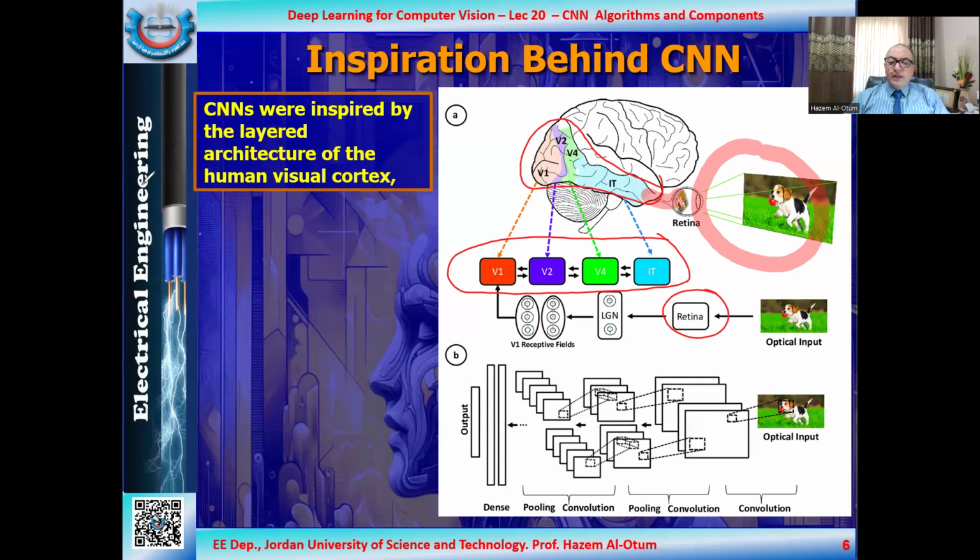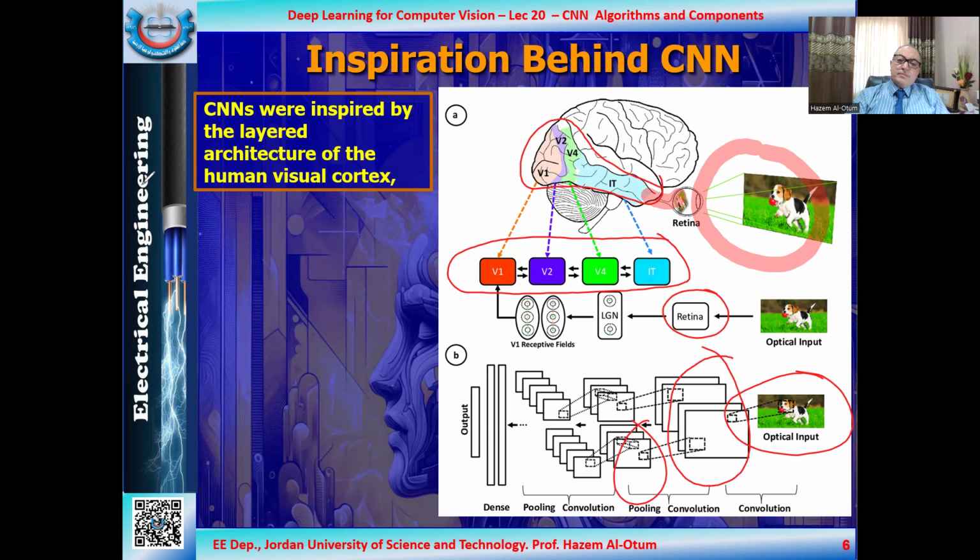Now, mainly, you look at the input image here. It is similar to having convolutional operations followed by pooling to reduce the spatial information and increase the feature domain parameters.